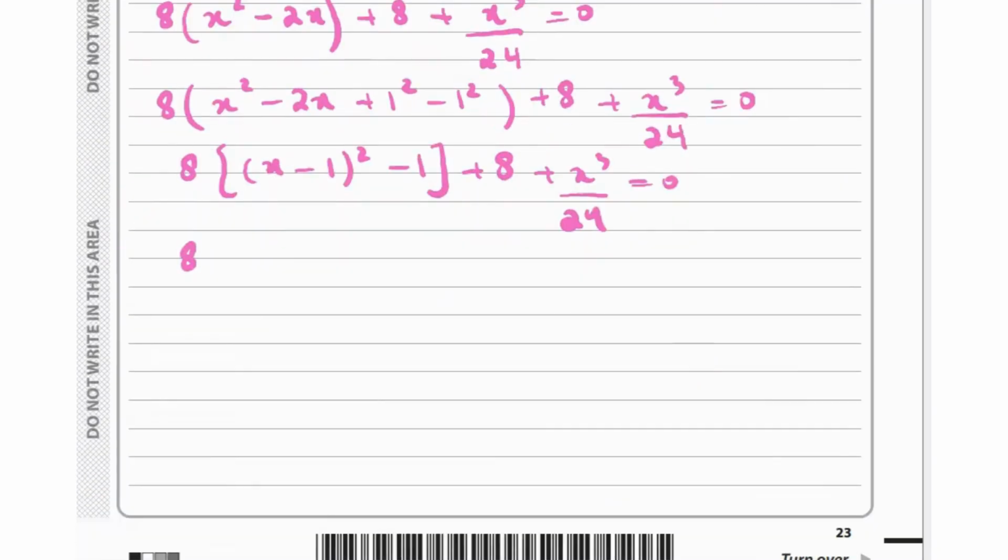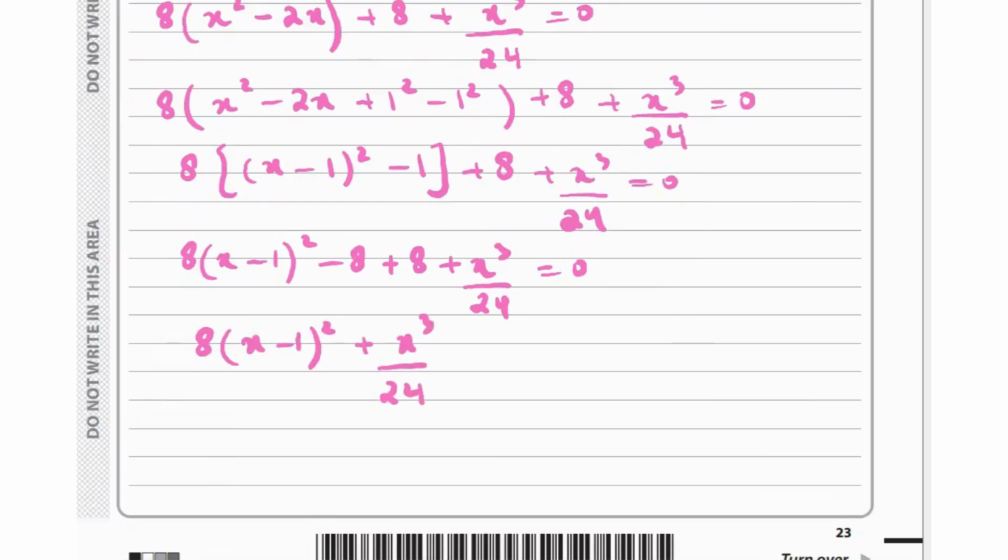Expand the bracket, so that's going to be 8 times (x minus 1) squared minus 8 plus 8 plus x cubed over 24 equals 0. Minus 8 plus 8 cancel out. So it's 8 times (x minus 1) squared plus x cubed over 24 equals 0.